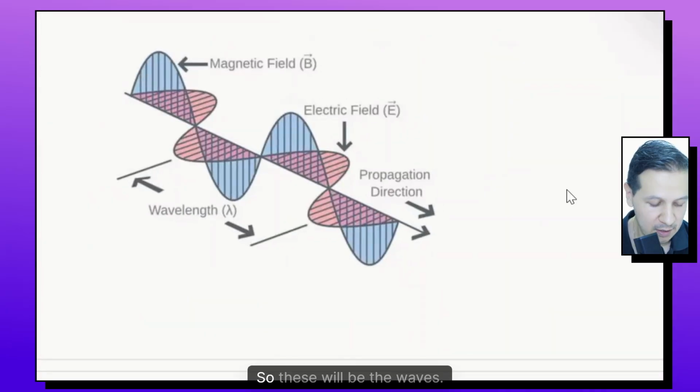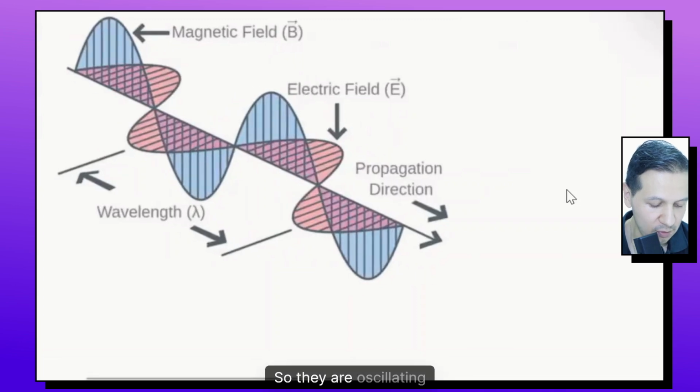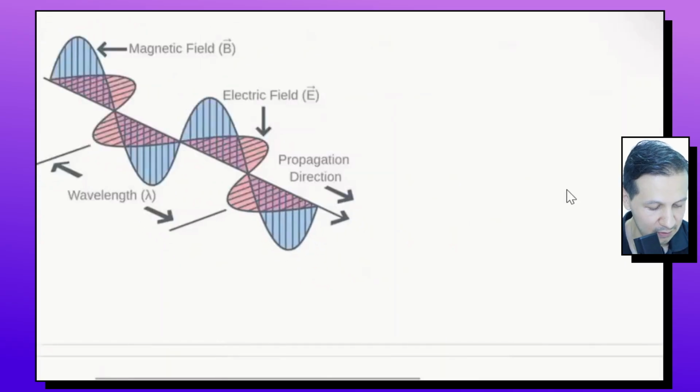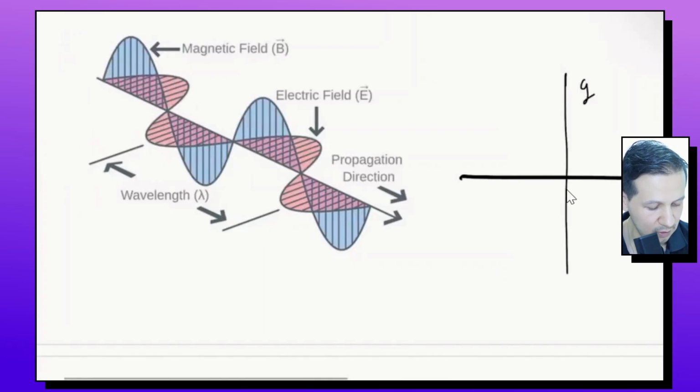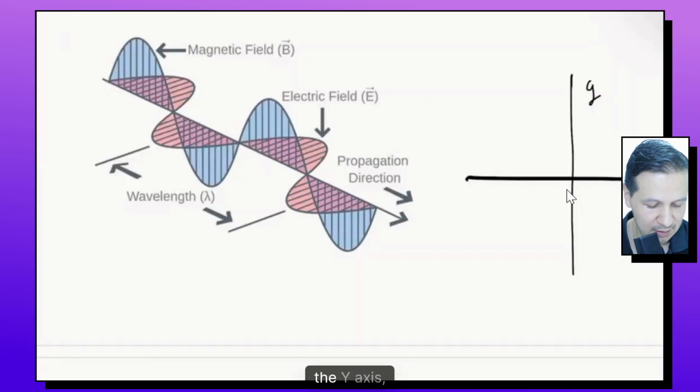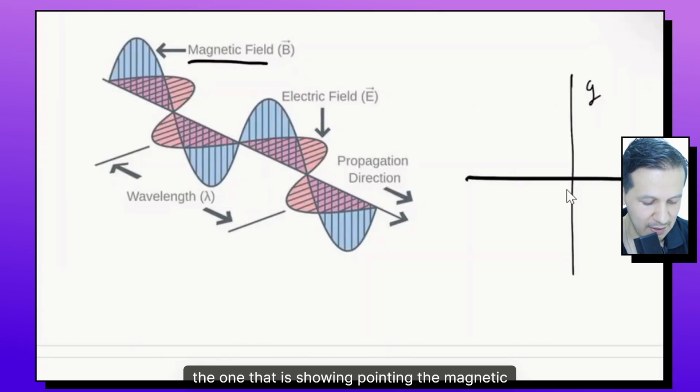They are oscillating and distributed like this. If you imagine a Cartesian plane with the y-axis and the x-axis, this is the y-axis, the one pointing the magnetic field.